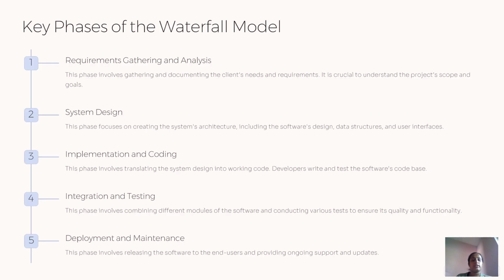What are the key phases of the waterfall model? There are five major key phases. Requirement gathering and analysis. In this phase, first you need to gather and document the client's needs and requirements.